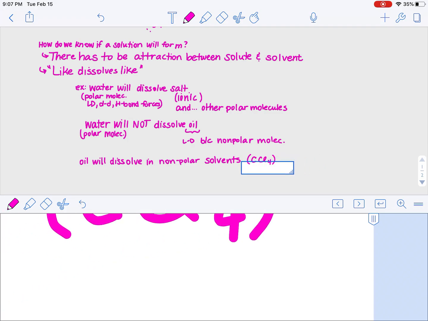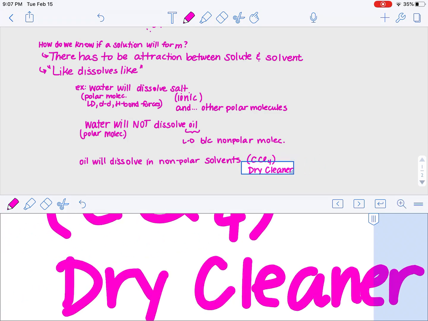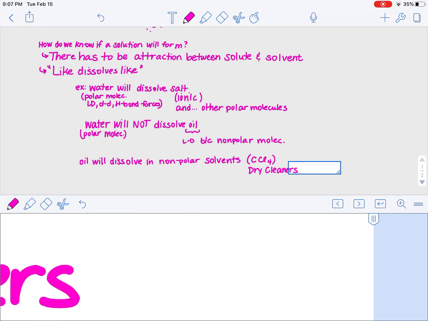This is what is used at dry cleaning places. Your dry cleaners are well known for being able to get stubborn stains out of your clothes. And that's most likely because the stain was caused by butter or grease or another kind of cooking oil. And again, oil won't dissolve in water, so water won't get that stain out.